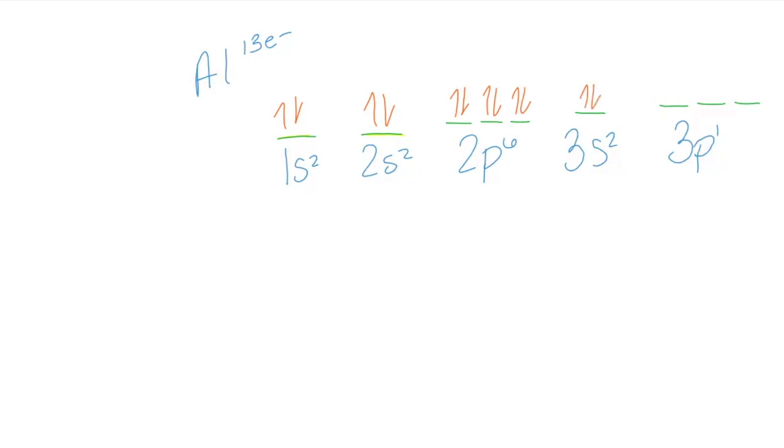And then look at this last one, 3p1. All I do is I draw that 1 electron. And my other 2 blanks are empty. You leave them there. They still exist. They just do not have any electrons in them. All right, so that's how you do your orbital diagrams.